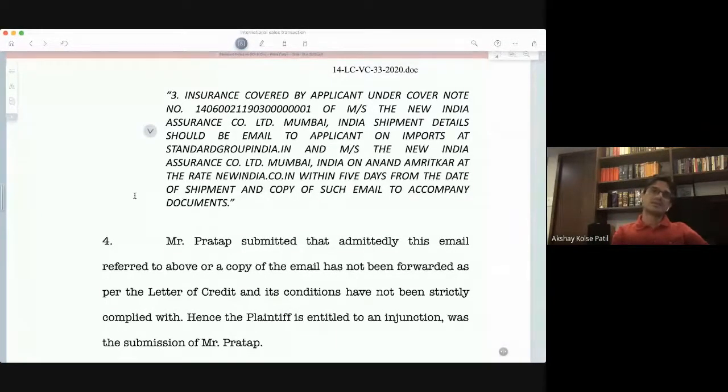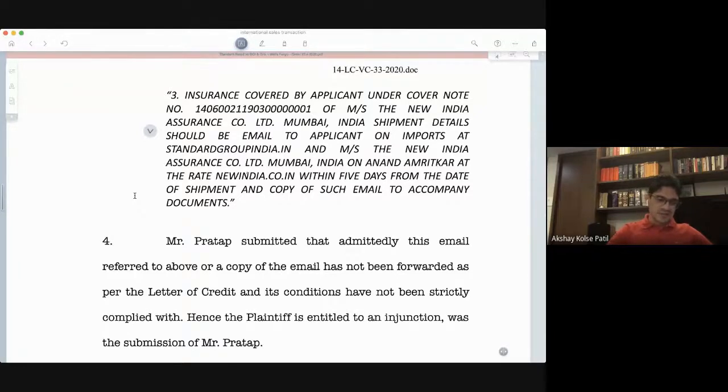The seller had sent to the bank a printout of an email, as I said, which was in Word format, but which was not exactly what you would call an email.